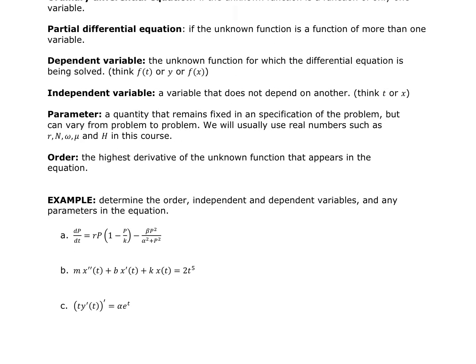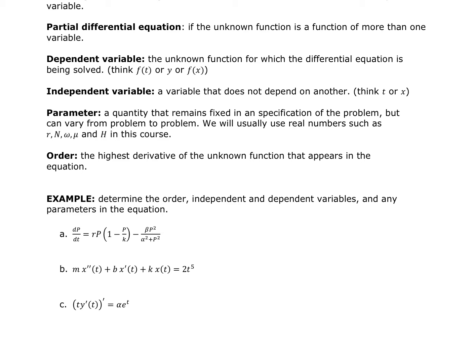The order is the highest derivative in our equation. When we go through and determine what the order, the independent, dependent, and what parameters are, what we want to look at is either the prime notation or the dp dt notation. So the Leibniz, I think it's what it's called, notation.